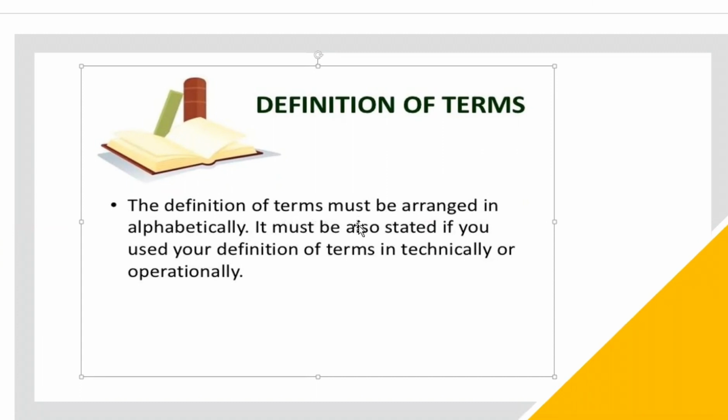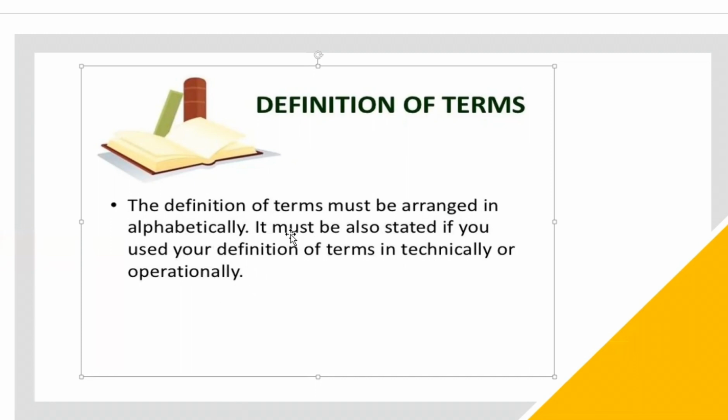Hindi po ito katulad ng significance of the study na na-mention ko sa ibang video ko na hierarchy ang pagkakasunod-sunod niya. Sa definition of terms, katulad po ito ng mga simpleng libro na glossary na alphabetical or encyclopedia or dictionary that should be alphabetical.